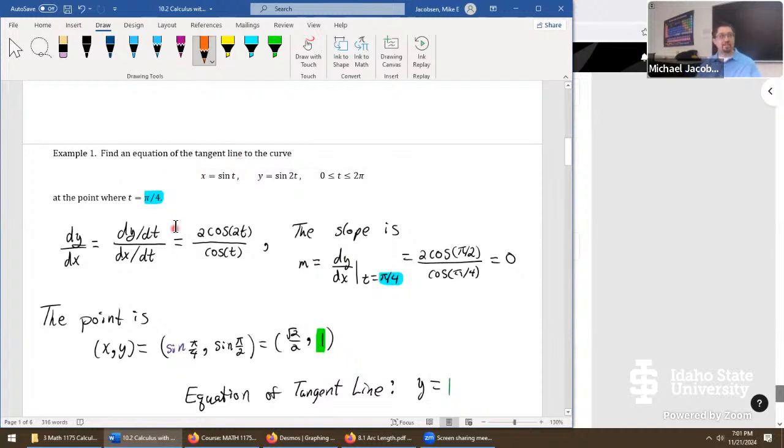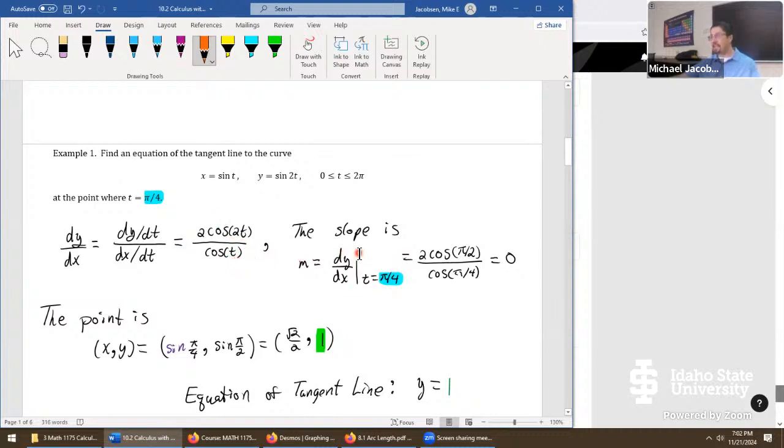The first step is to differentiate and find dy dx, because that's the slope at any parameter whatsoever. Just as a review, we differentiate y with respect to t for the numerator, differentiate x with respect to t for the denominator. But to actually get the slope, you have to put the parameter value, pi over 4, into this result.